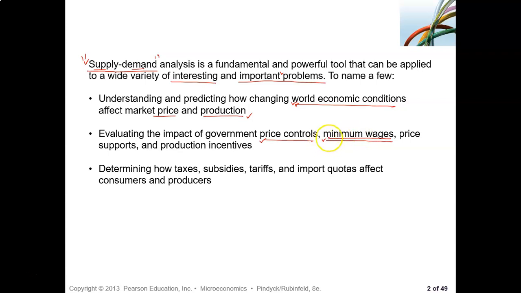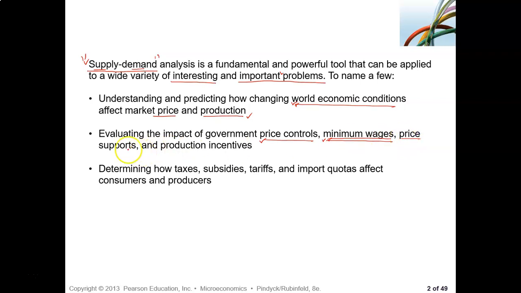But there are some unintended consequences of the minimum wage also. Some people say the minimum wage may create unemployment, because when the wage increases, hiring workers becomes more expensive. So employers may hire fewer workers, and some unemployed people may find it difficult to get a job.